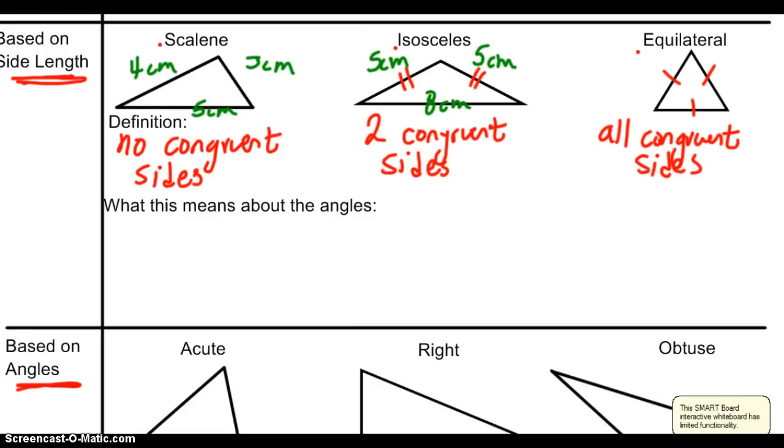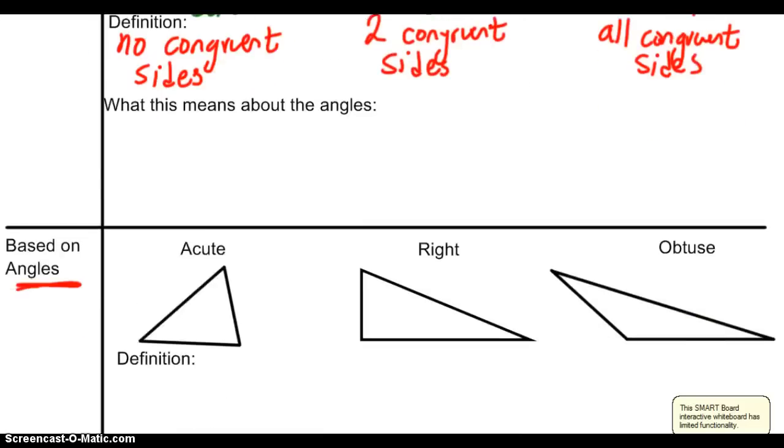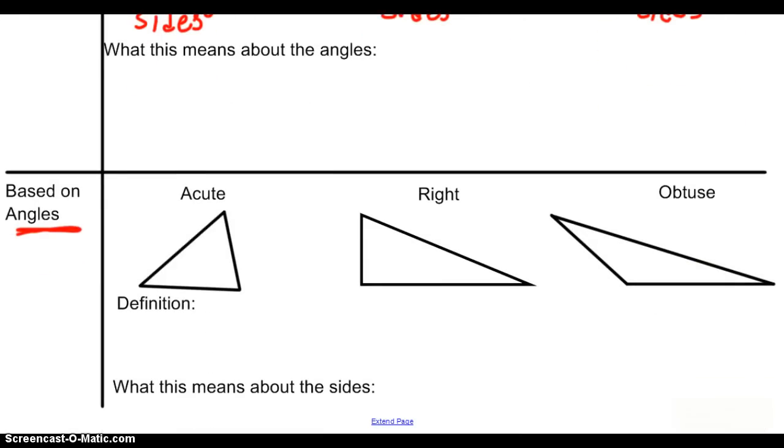On the other hand, we could talk about triangles based on what their angles look like. Okay, so an acute triangle is, remember, a triangle with all acute angles. All three angles are acute. Okay, so for example, it could have angles that were, I don't know, 60, 50, and 70 degrees, something like that.